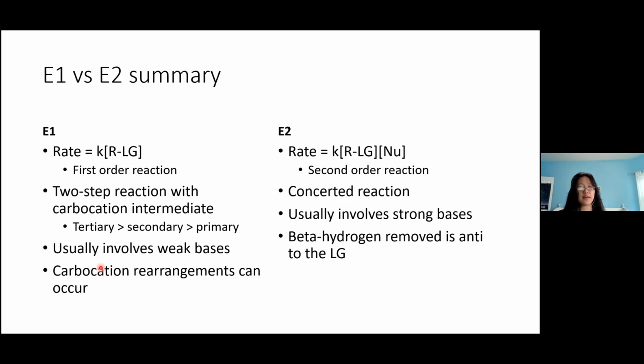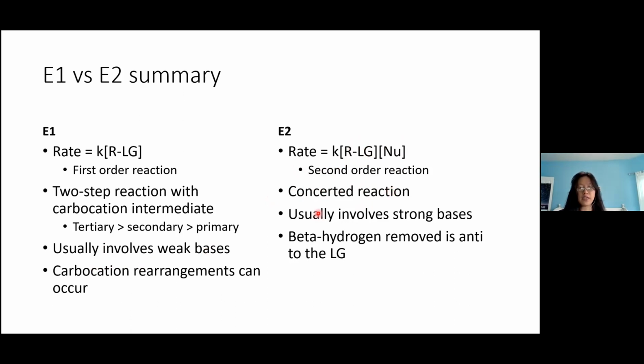That was like the methyl shift and the hydride shift that you saw on Monday. And E2, just like SN2, is going to be a second order reaction where the rate of the reaction depends on both the alkyl halide and the base. I've denoted it here like this. This is also going to be a concerted reaction.